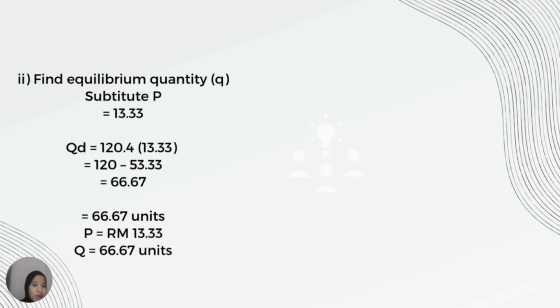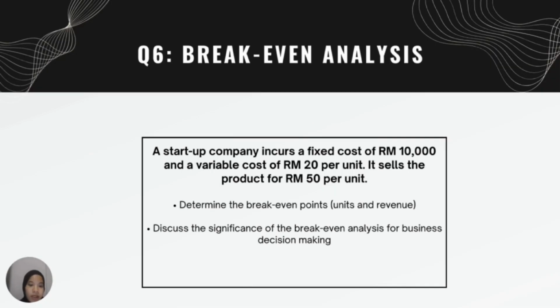So the answer is 66.67 units. So the price is 13.33 ringgit Malaysia, and that's for P. And the quantity Q is 66.67 units.